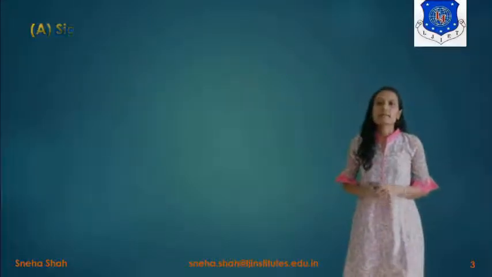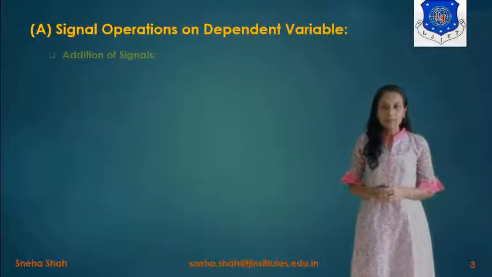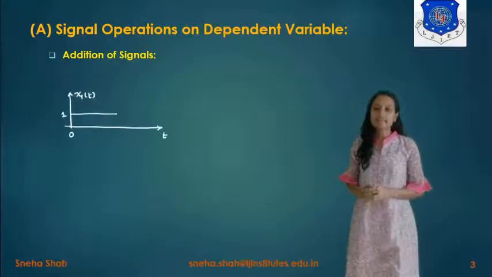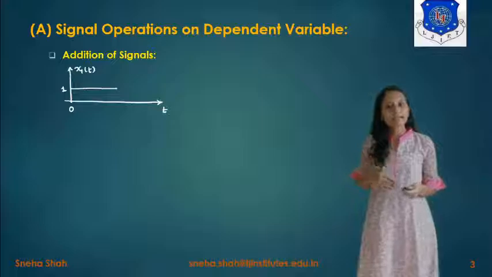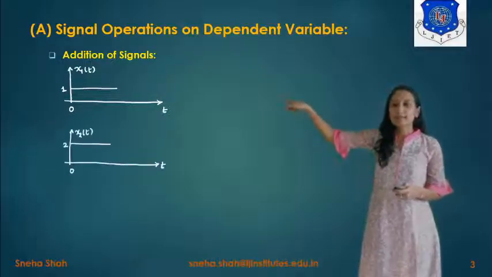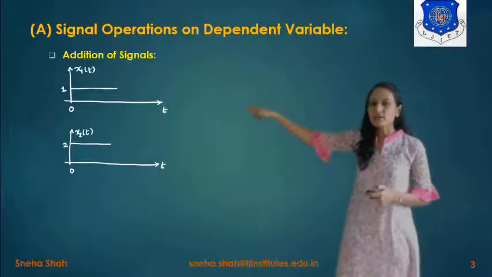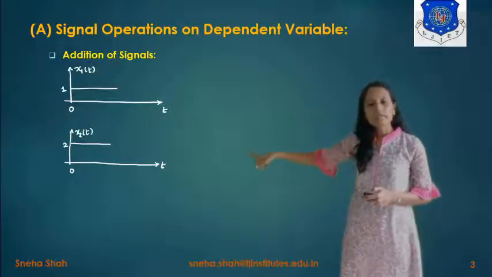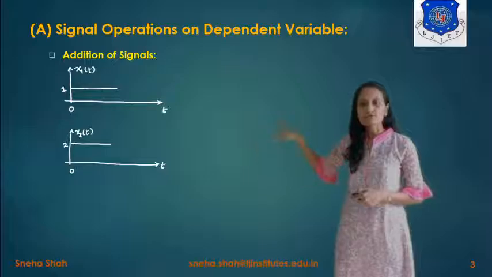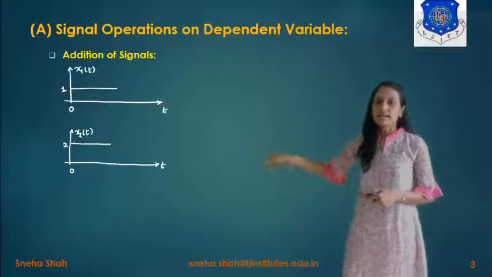Now the next operation on the dependent variable is addition of signals. For that we take a number of signals and then add them. First I take the first signal as x1 of t equals 1 for 0 to infinity, and x2 of t equals 2 for 0 to infinity.